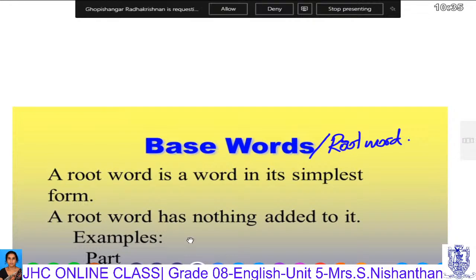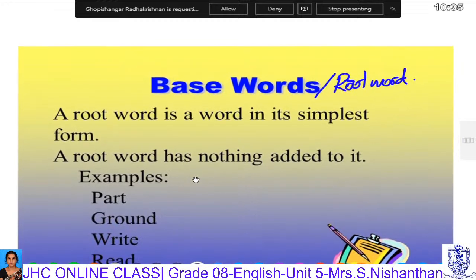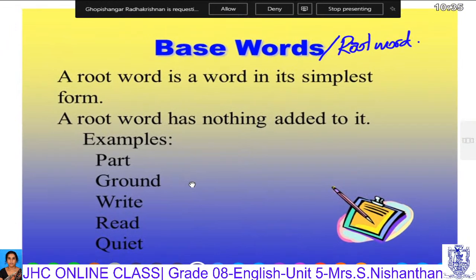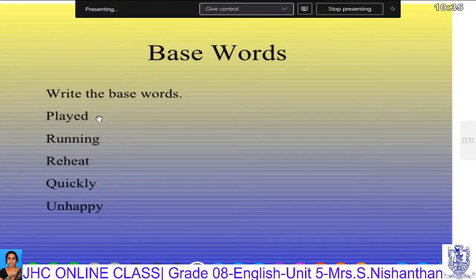The simplest form is found in the root word. A root word has nothing added to it. Part, ground, read, quiet. They can't be broken up more. This is their final form. This is the base word. We can call it a root word.